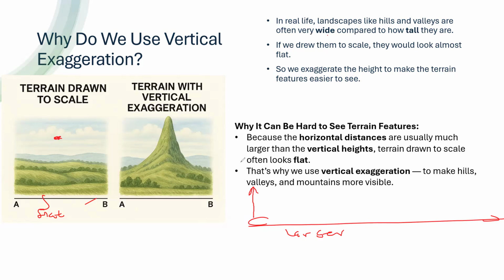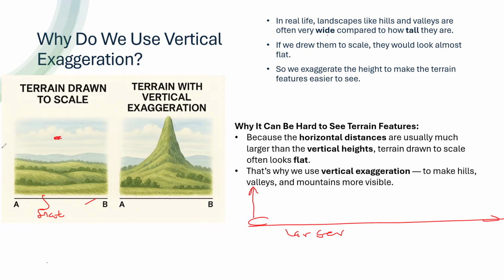So if we were to draw these terrains to scale, they would often look flat. That's why we need to apply the vertical exaggeration to make hills, valleys, and mountains more visible. I hope you are following.